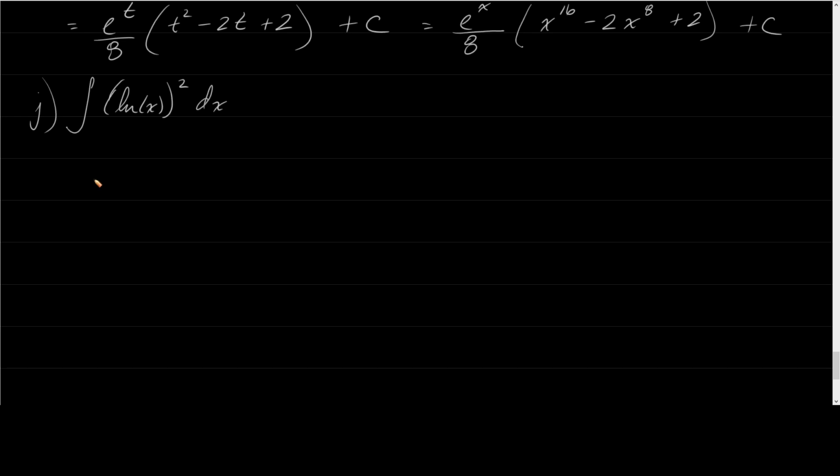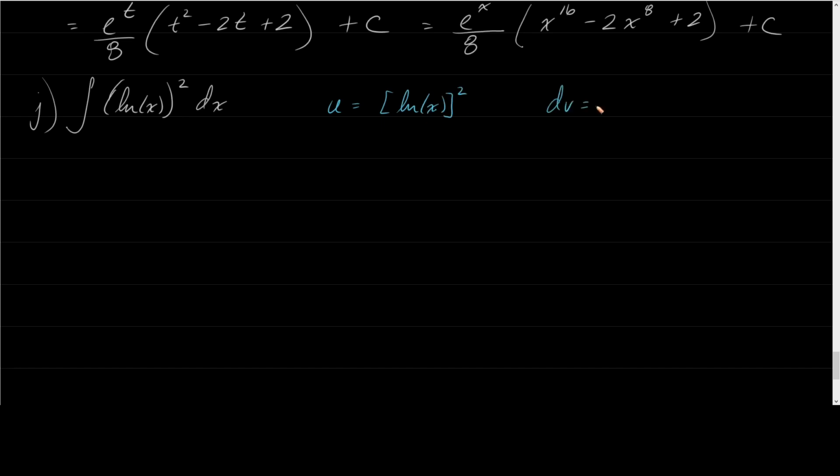Now I'm going to start this off in the same way that we started off the one where I just did ln of x by itself. Now it's just ln of x squared. And what I'm going to do here is say let u be equal to our logarithmic part, right? The entire logarithmic part. So in here, we're going to say this is ln of x squared.